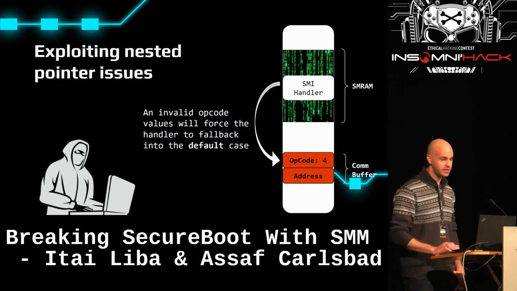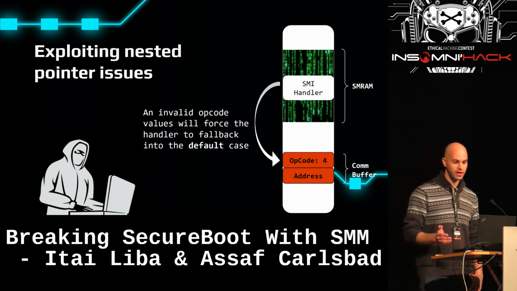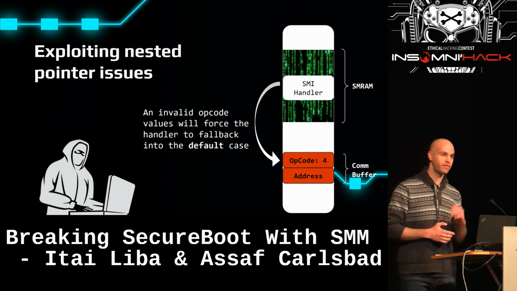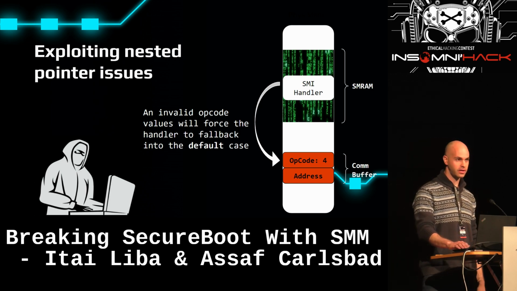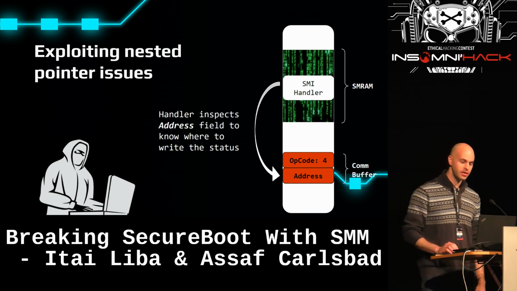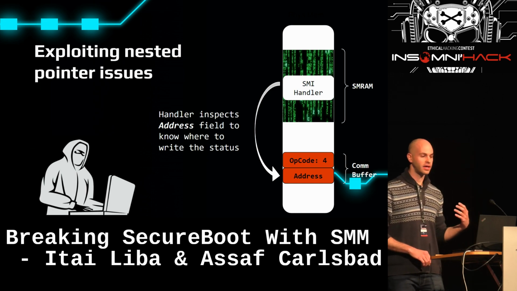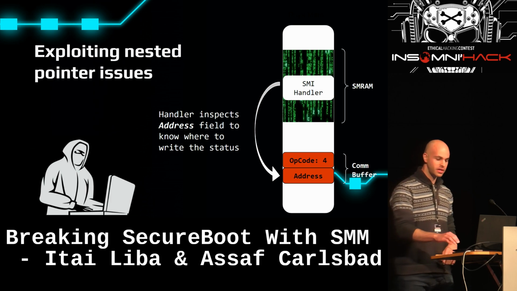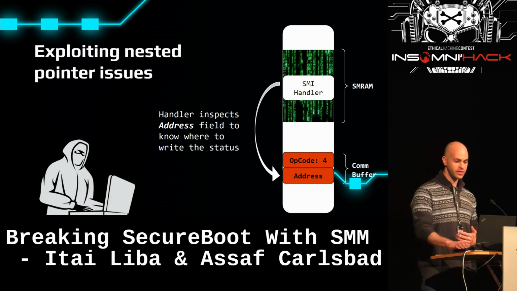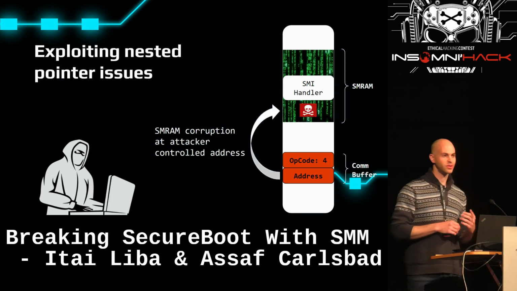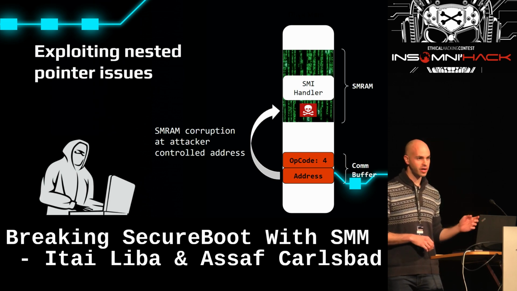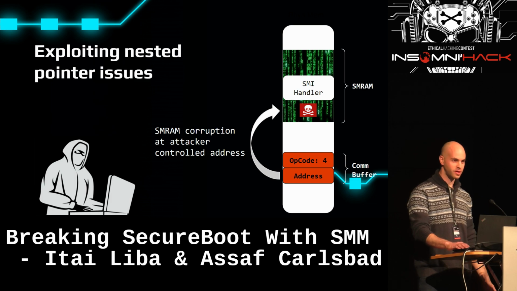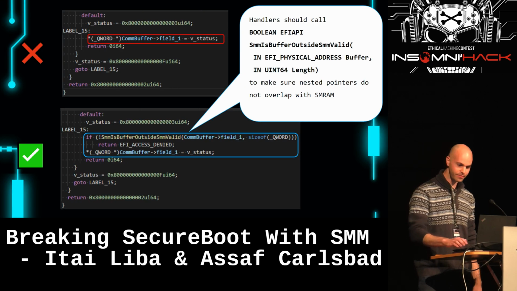But since this field is under the attacker's control, he or she could choose an invalid value, say 4, and that will force the handler to fall back into the default clause. In the default clause, we know the handler will fetch a pointer out of the COM buffer, and since this pointer field is also under the attacker's control, he or she could choose an address that resides in SMRAM and therefore cause corruption at that particular address, which is obviously a very bad thing.